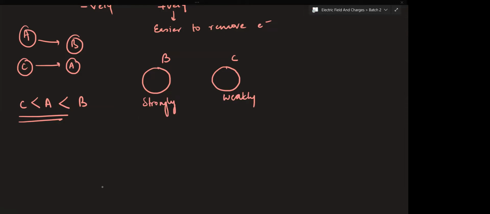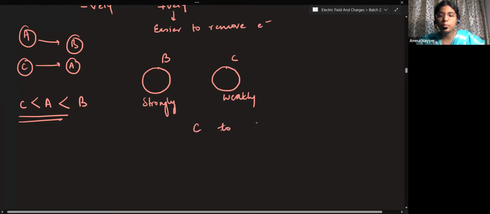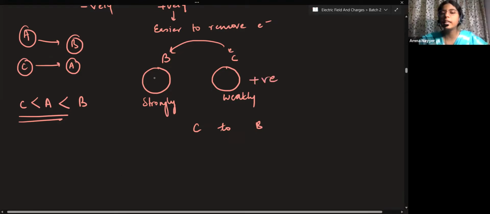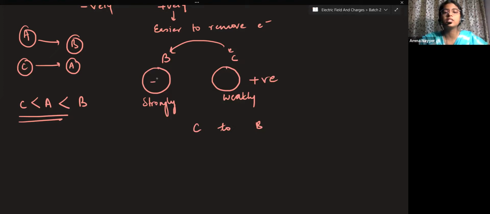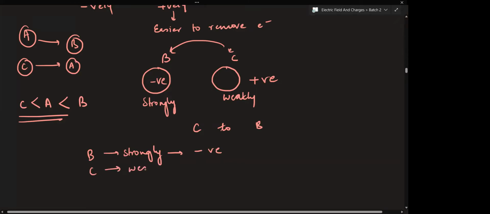C to B. Deficiency of electrons creates what kind of charge? Positive charge. And B will gain electrons and become negatively charged. So B is strongly bound, that's why it has negative charge, and C is weakly bound, that's why it becomes positive.